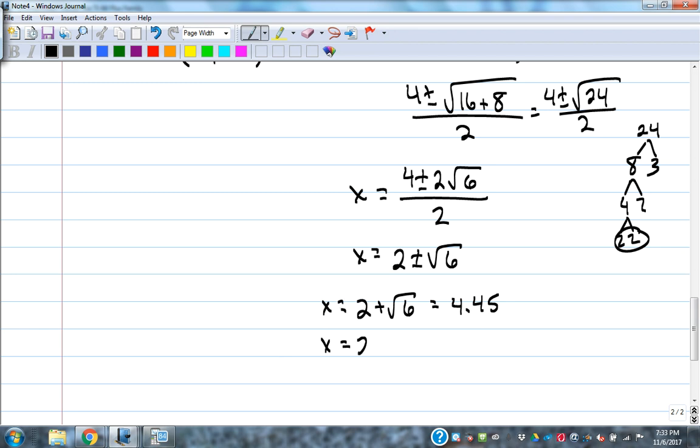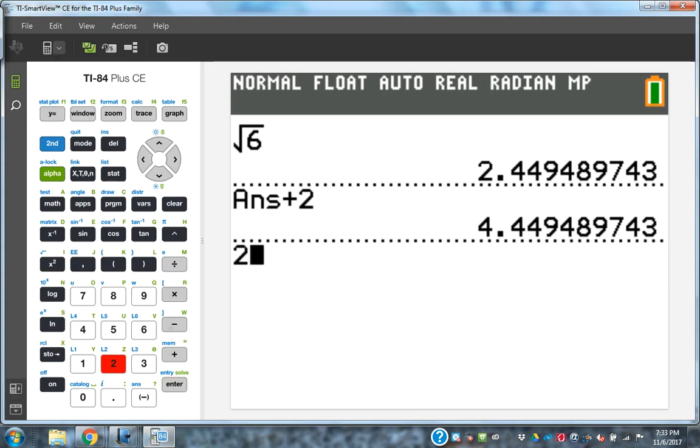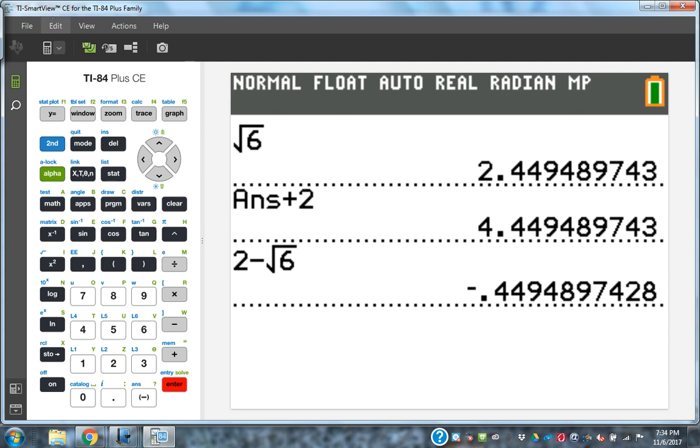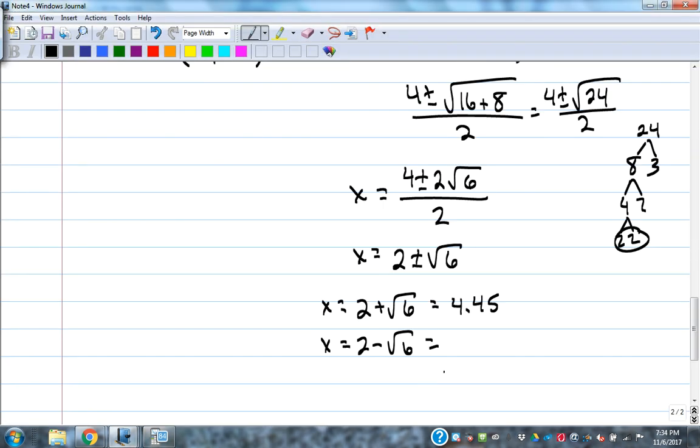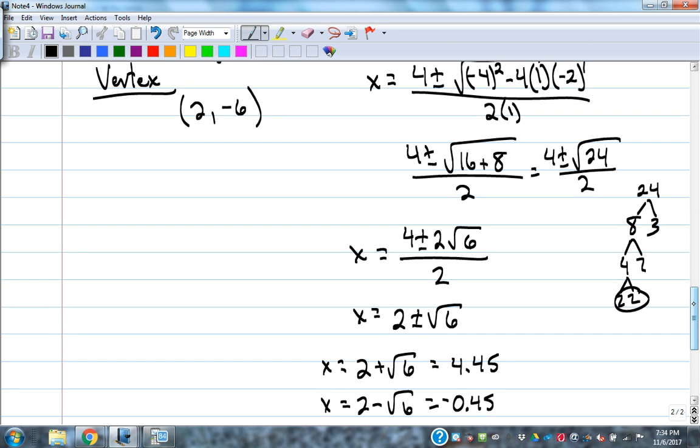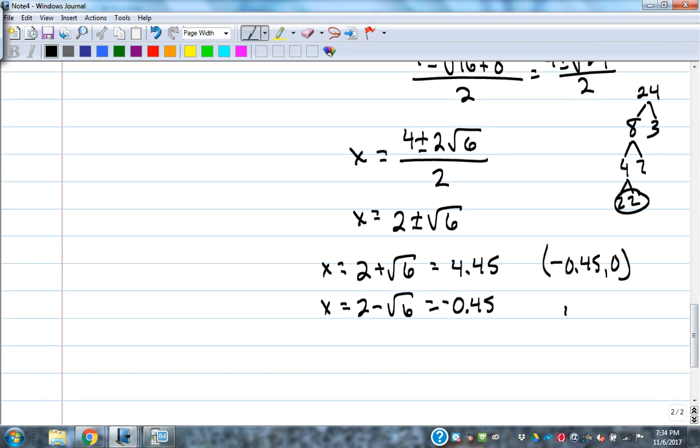And then 2 minus the square root of 6 is about negative 0.45. So my x-intercepts are at negative 0.45, 0, and 4.45, 0. Those are rounded values.